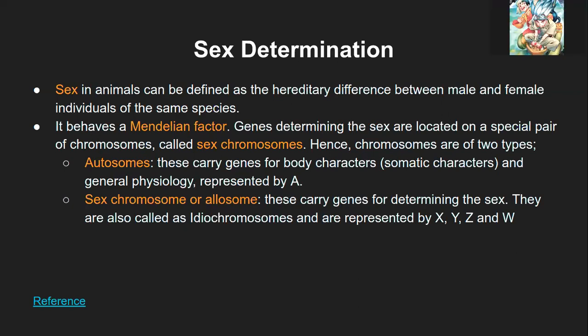So all the differences that are there come only from this one chromosome, and they are very few: the reproductive structures, the gametogenesis part, the secondary sexual characteristics and hormonal differences. Body structure, secondary sexual characters, those are already included there.